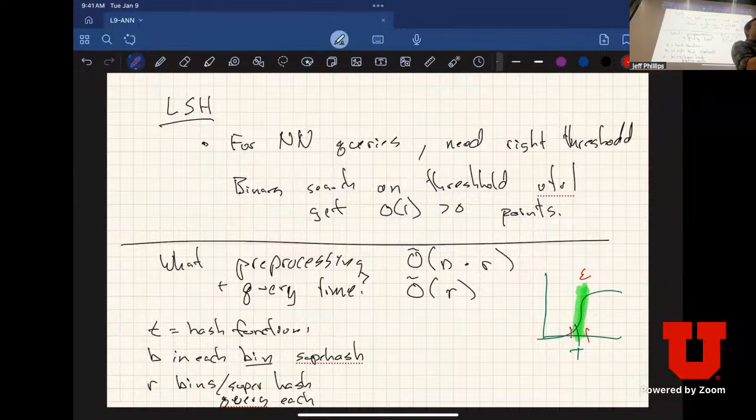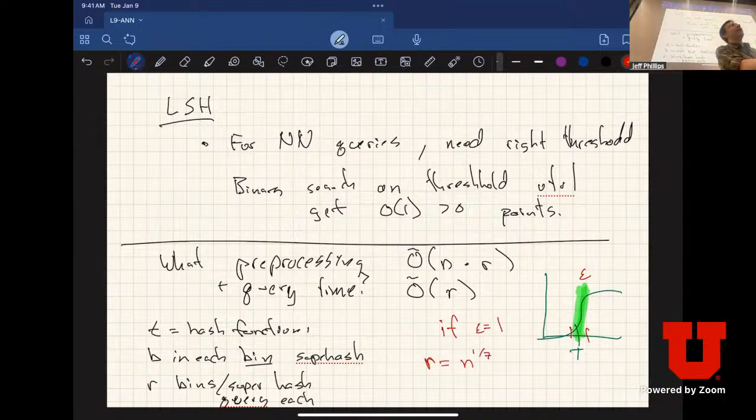It's a little bit complicated to write down. So if epsilon equals 1, so I'm getting a factor 2 in my distance, then I'm going to be able to set r equal to roughly n to the 1/7.